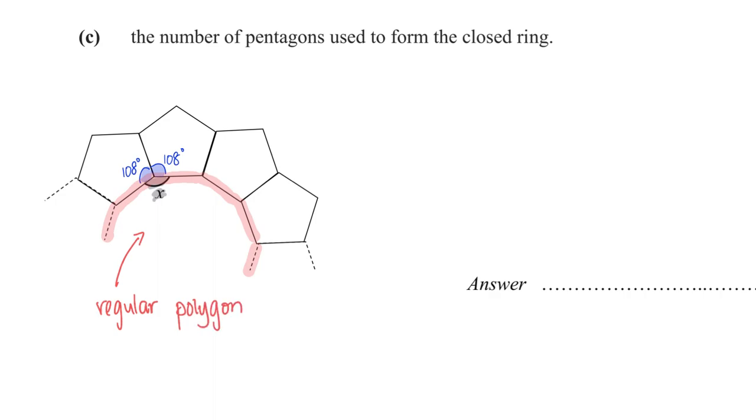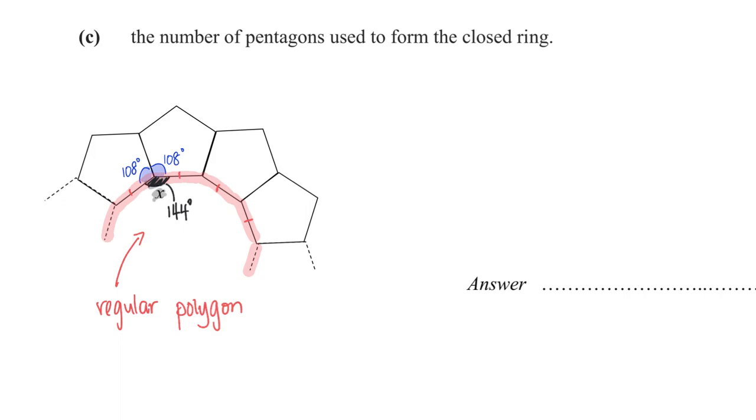And what is the interior angle of this polygon? Yes, 144 degrees. So to find the number of pentagons, if we find the number of sides of this regular polygon inside, that equates to the number of pentagons.